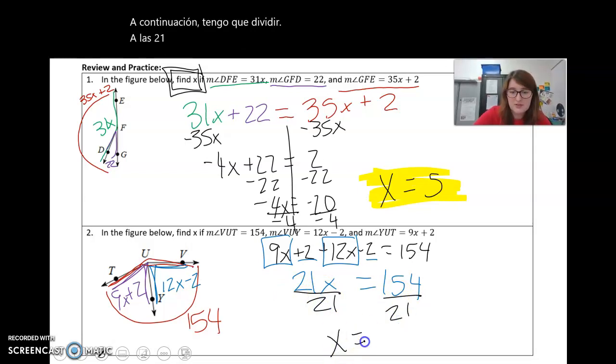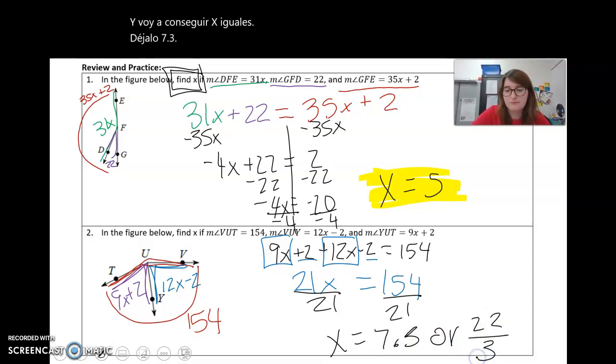And I'm going to get x equals, I believe it's 7.3 or 22 thirds. I'm going to double check that. Always double check. Yep, 7.3 or 22 thirds.